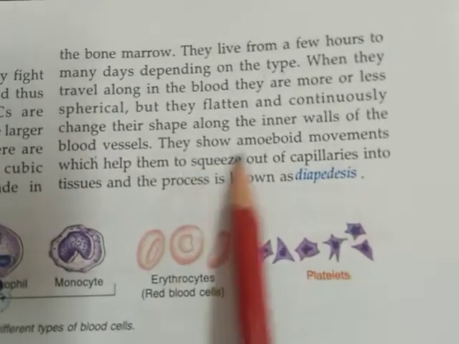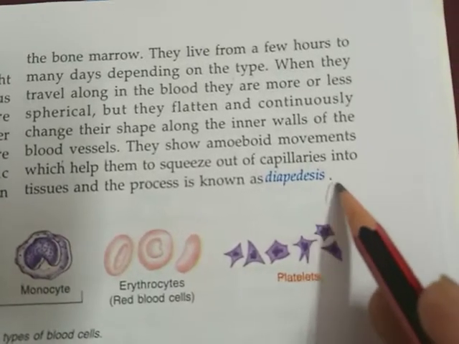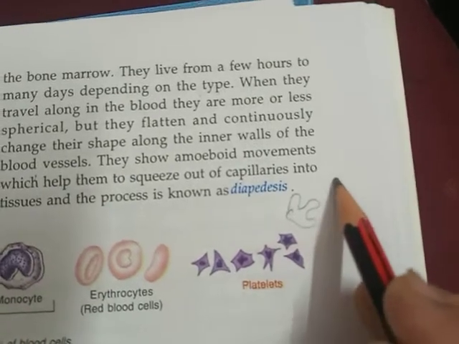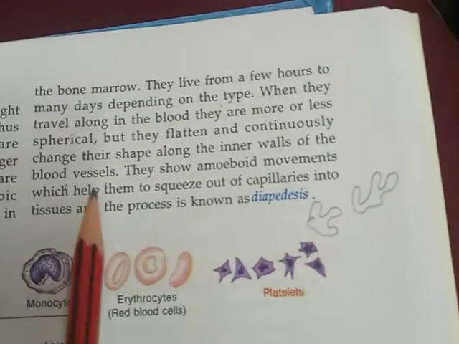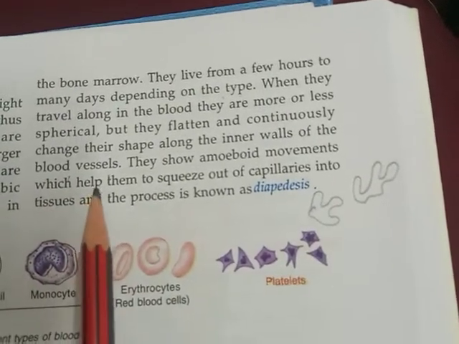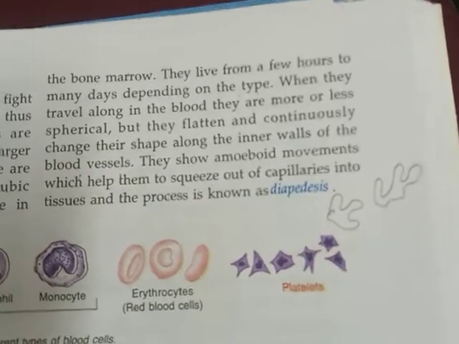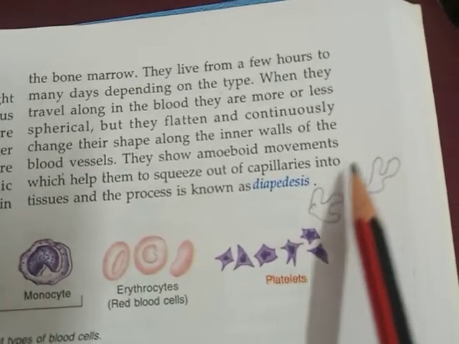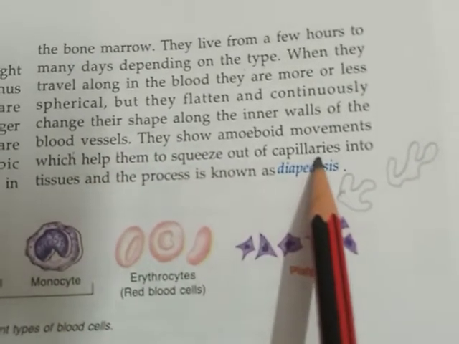Now, amoeboid movement, children, you know about amoeba. See, this is an amoeba. While this amoeba moves, it continuously changes its shape like this. So while moving along the blood vessels, they show amoeboid movement. That means they change their shape, and this changing shape helps them to squeeze out of the capillaries.